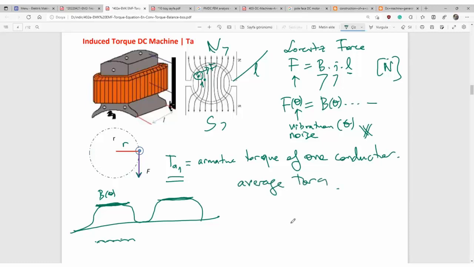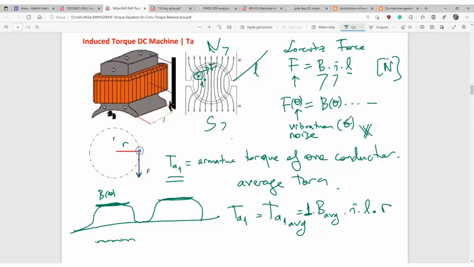So torque average of one conductor of armature, I will call torque armature 1, is equal to B average IL, only one conductor, and radius.